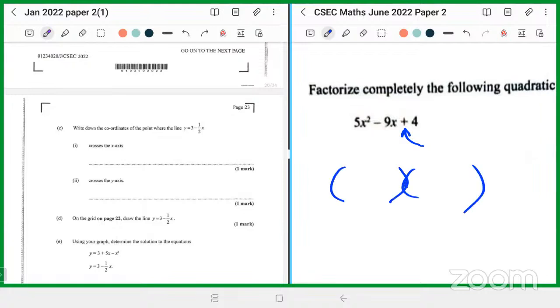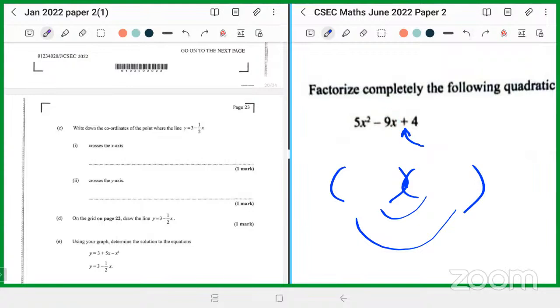The 2 signs in the bracket are the same, and both of them will be negative. This also tells you that the far product and the near product, the sum of them, must give you the middle term, which is the 9x.